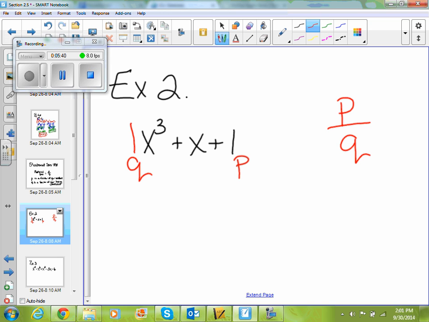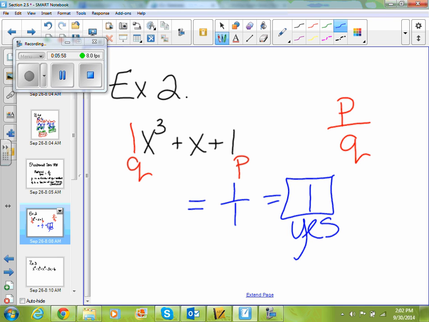And in this case, our coefficient is 1. Okay, so if I plug in p, then I get 1. If I plug in q, then I also get 1. And 1 divided by 1 is 1. So then I would, yes, have rational zeros because this ended up being a rational number.